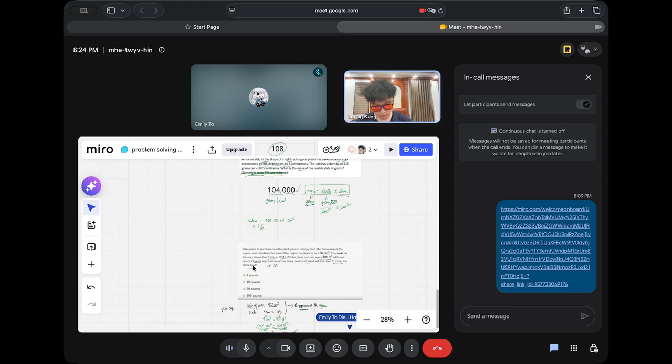So it actually equals 72,000 feet square. So we already know the map represents 72,000 feet square, right? So we already done the first step. We already calculated the area of the region.